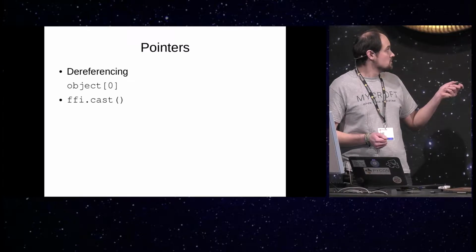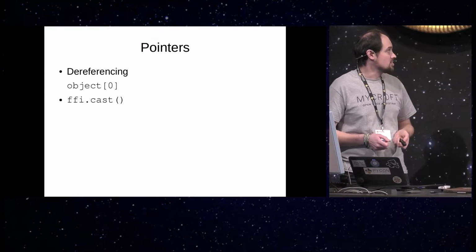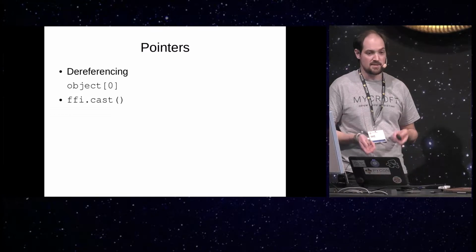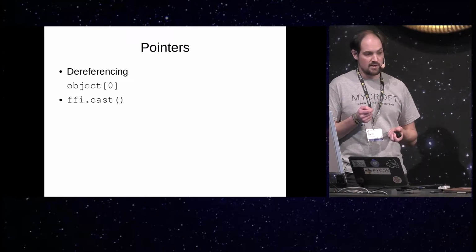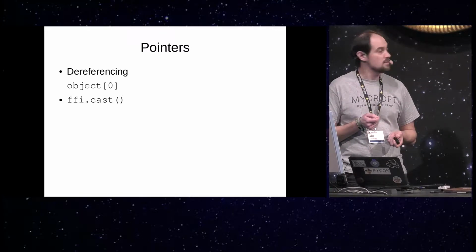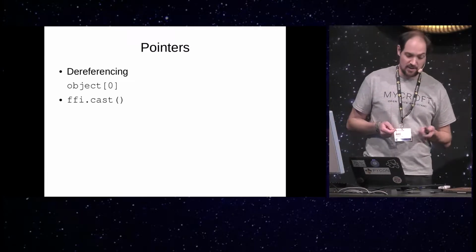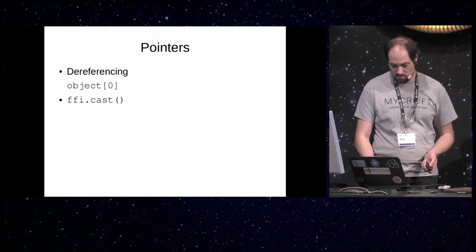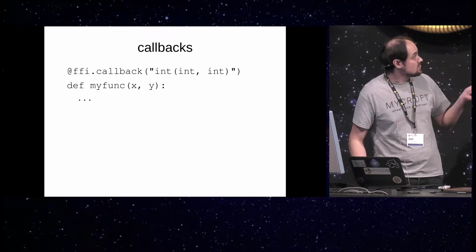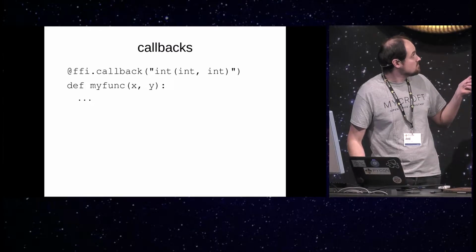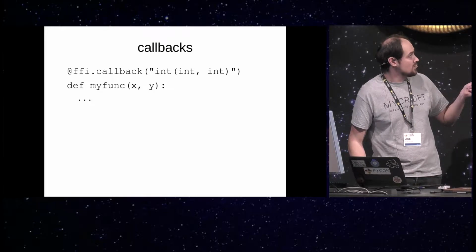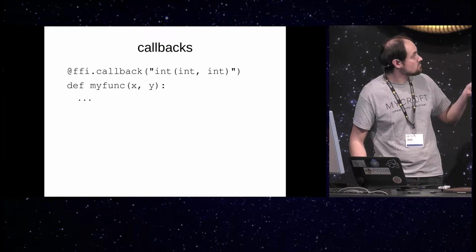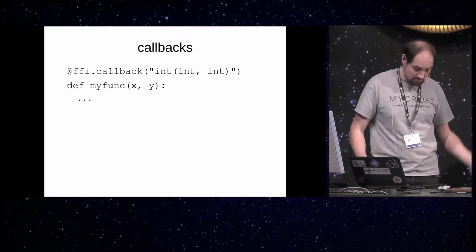And then to cast, you have an ffi.cast function, where you write a string of C code declaring the variable and the value you want to cast to that variable. Callbacks are also very similar. This is a function returning an int and taking 2 ints as arguments.